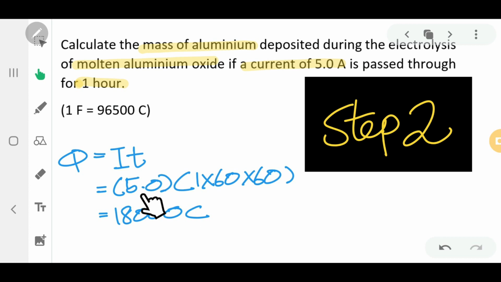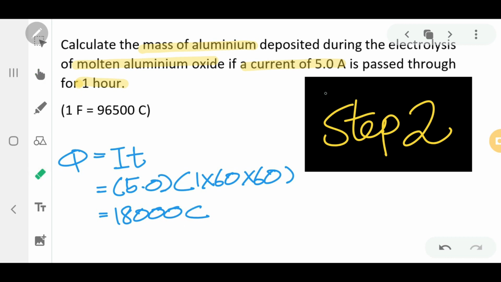We have 5 ampere given to you, and it is passed through for 1 hour. We need to change that into seconds, so you have 1 times 60 times 60. Change that into seconds and multiply that with the current, and you would be able to get your Coulomb.